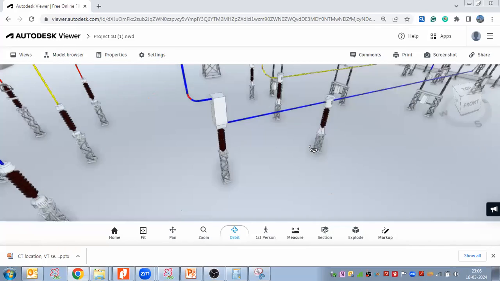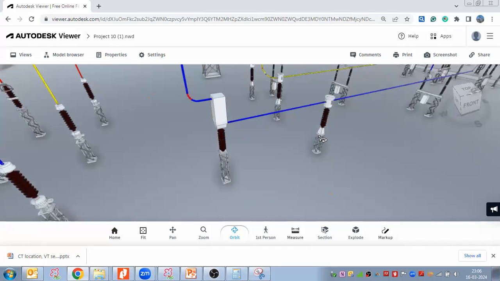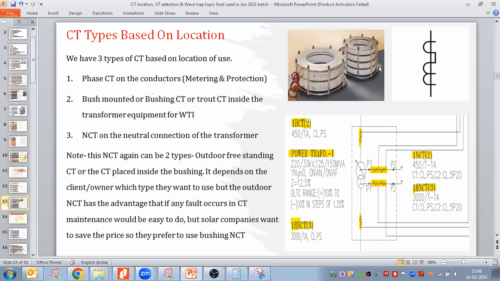So to avoid this civil foundation and the support structure cost, they sometimes prefer to place the CT inside the transformer bushing, but they are compromising. If any fault occurs on the CT, the outage time of this transformer would be higher.